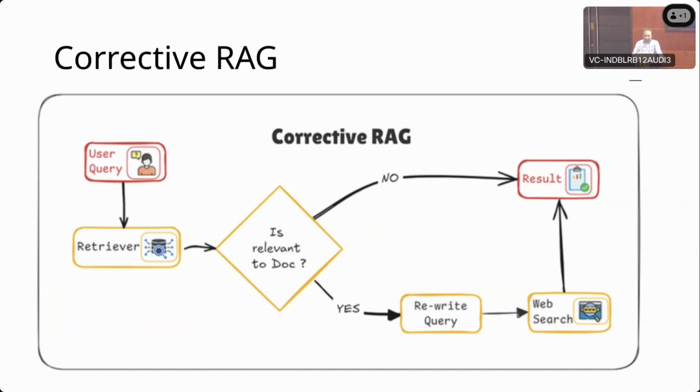So it will send back the results with some kind of scoring and then do the same cycle again until it gets the right scoring as a response. So that's corrective RAG. What corrective RAG does is try to correct itself to make sure the correctness of the response is fixed to some extent at least.